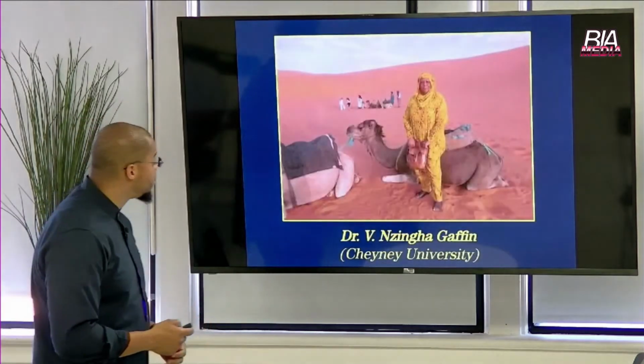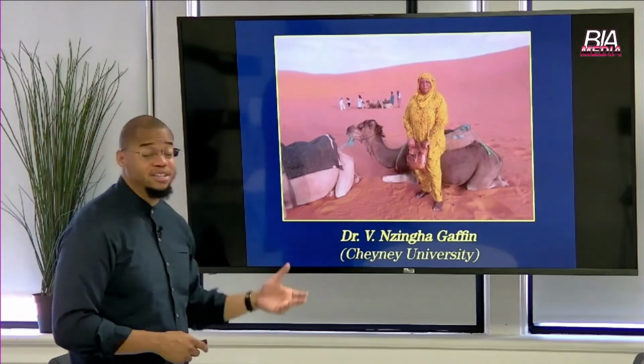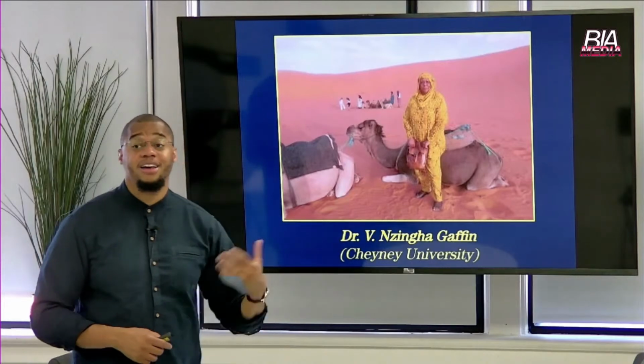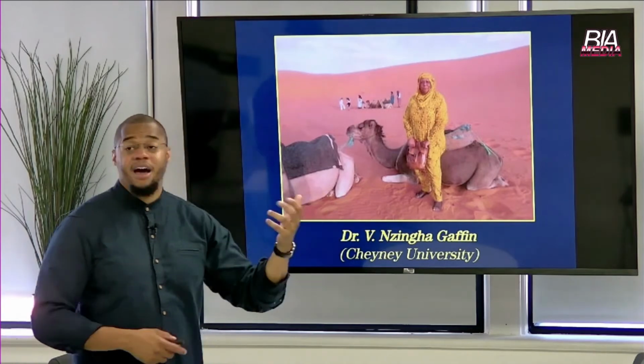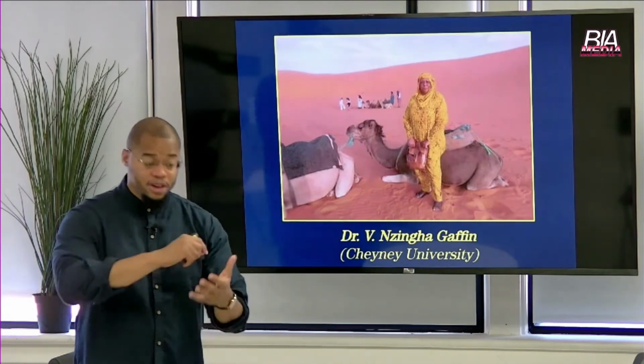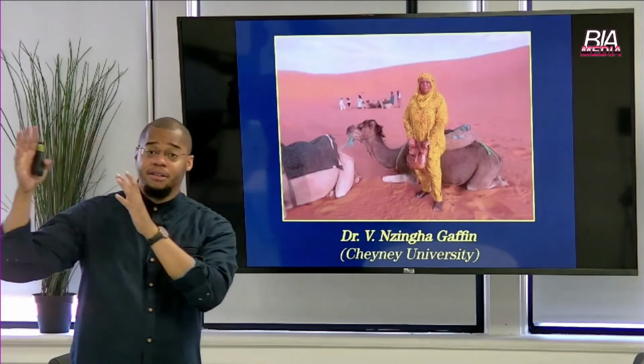You got people like my mentor who works at the university I work at, Dr. Virgilette Nzinga Gaffin, who has worked with Tony Browder and goes to Egypt usually every other year and does archaeological digs. And she can actually read the Medu Neter, and she is there actually going into these places, dusting off the things and sorting them so that we can learn more about this history.